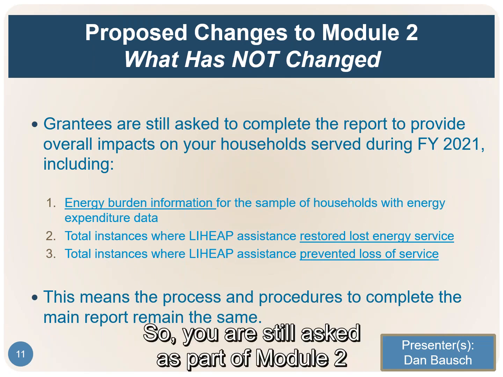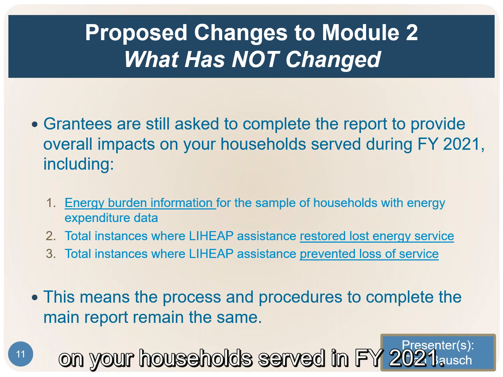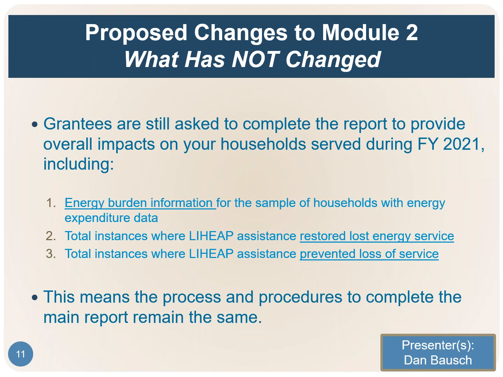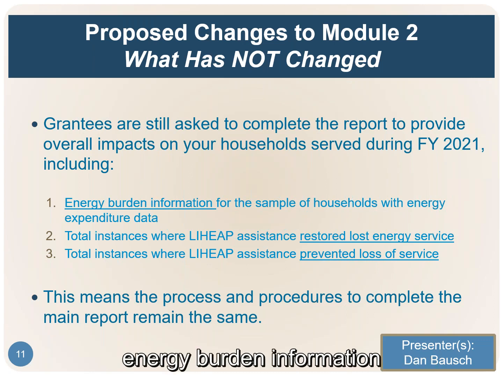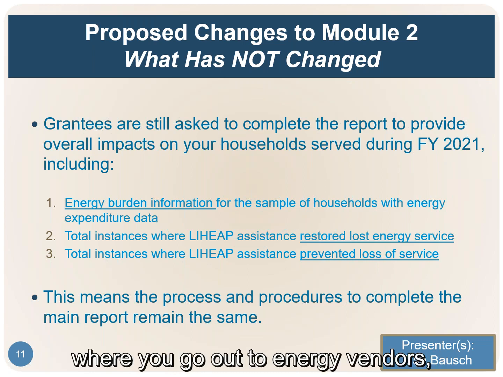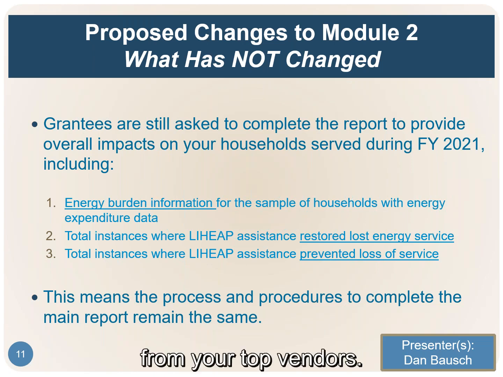So you are still asked as part of Module 2 to complete the report looking at the overall impacts on your households served in FY 2021. So that means those same three different sections of information: energy burden information, where you go out to energy vendors, you collect annual bill data for LIHEAP households from your top vendors.